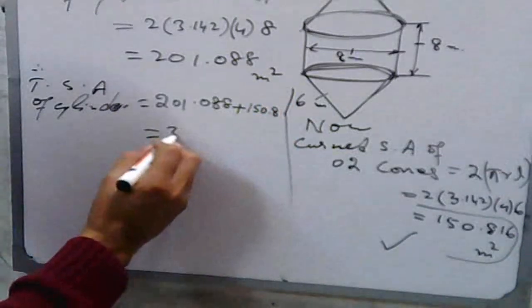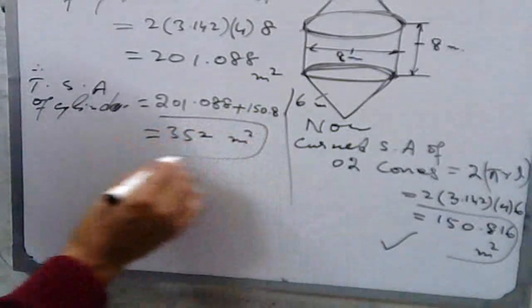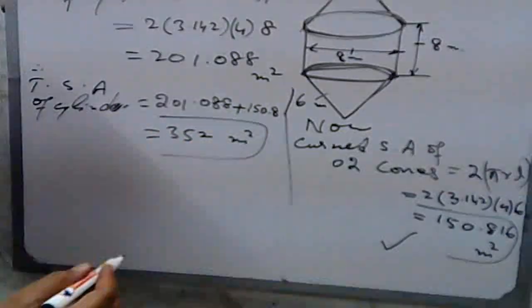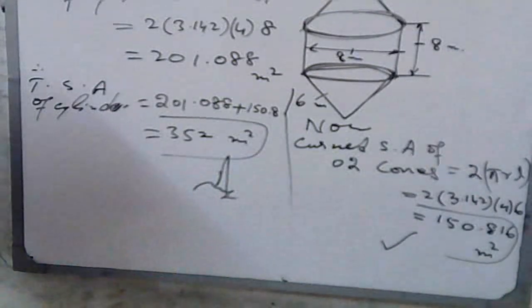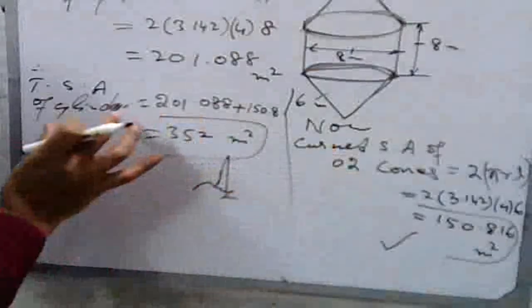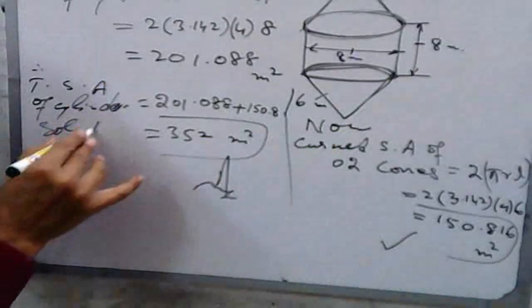After adding you will get 352 meter square. So that is your total surface area, that is your result. The total surface area means the whole figure, that is the full solid.